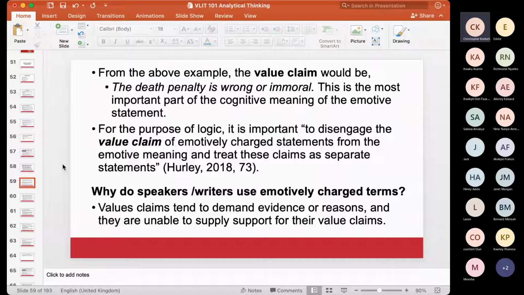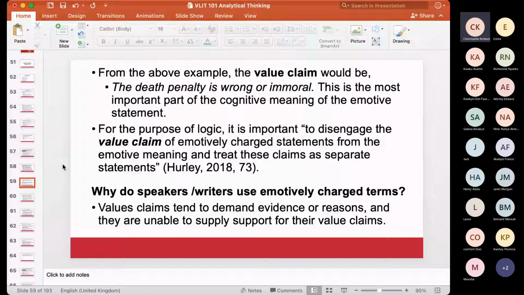So oftentimes, these speakers, claimants, don't have evidence to offer. They don't have reasons to give. So they will tend to use what? These emotively charged terms, right? Oftentimes they cannot even support the reasons or give evidence to support the reason, so they will just go beat about the bush.